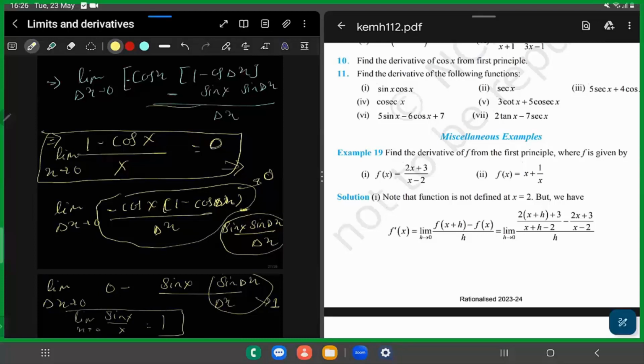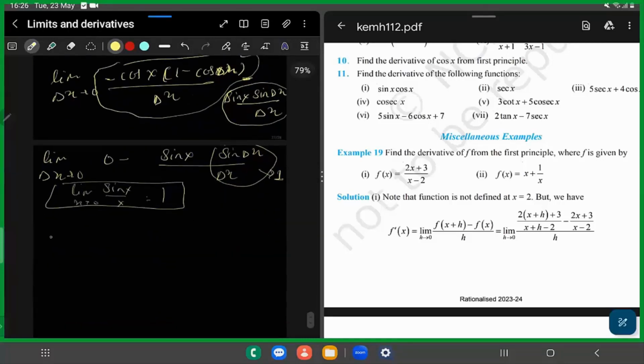You know this result, so you can apply it. So this finally gives limit delta x tending to 0 of minus sin x, which will finally give us minus sin x. So this is our final answer for the derivative of cos x with first principle.